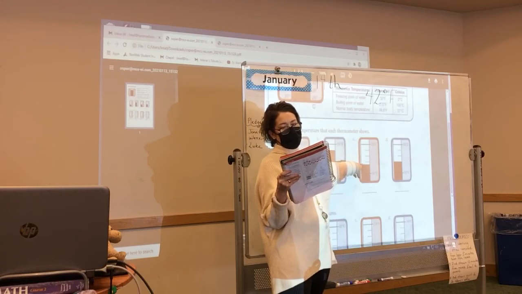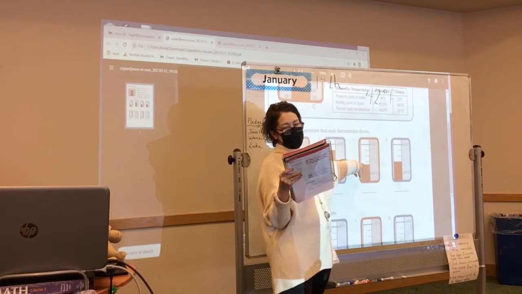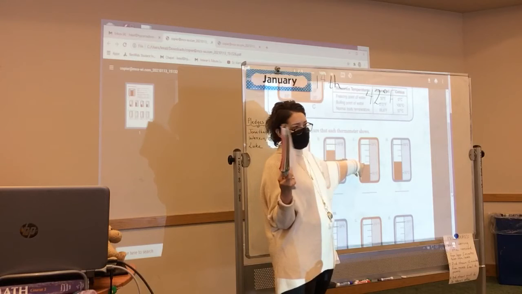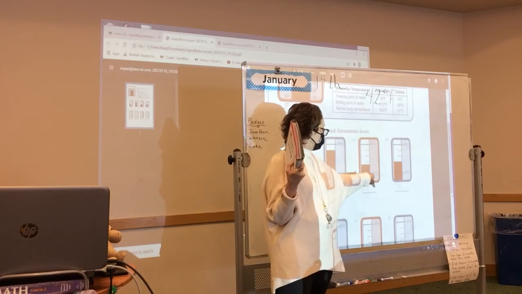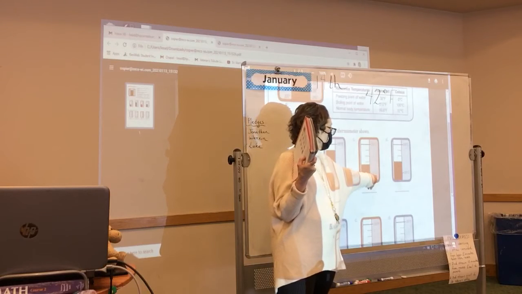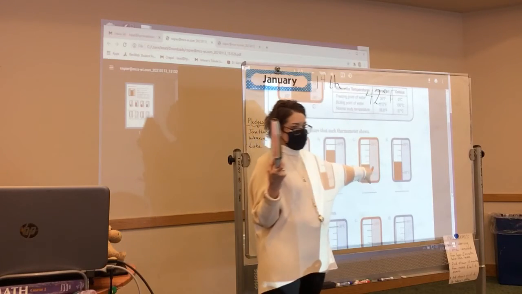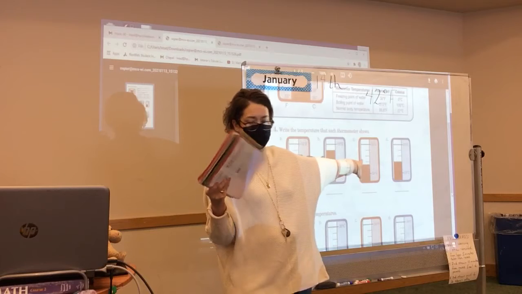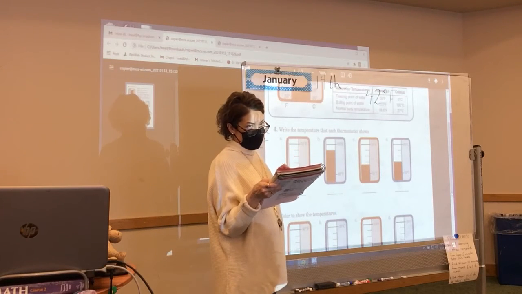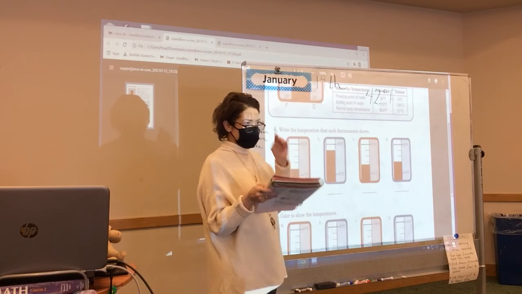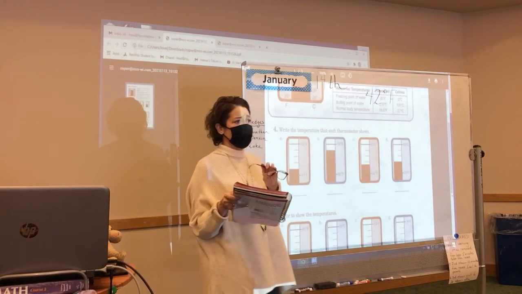Are we at Celsius or are we at Fahrenheit? We have to make sure we are paying attention to the little thermometer. We have switched over to what? Celsius. So what is the reading of that, Owen? 13 degrees Celsius. So be mindful when you're writing your answer.